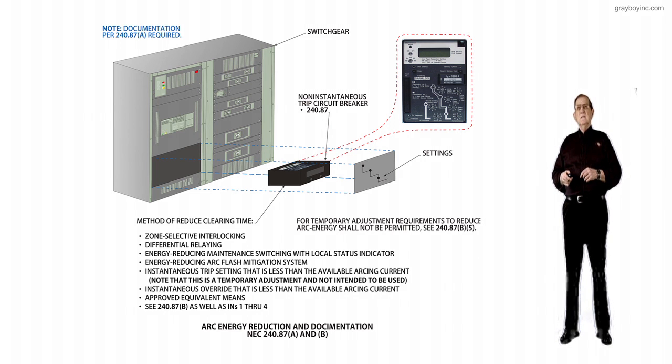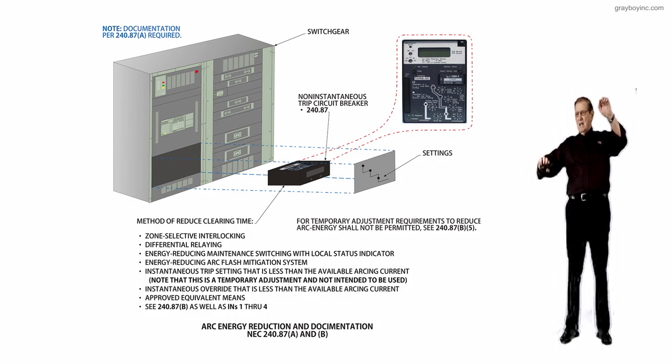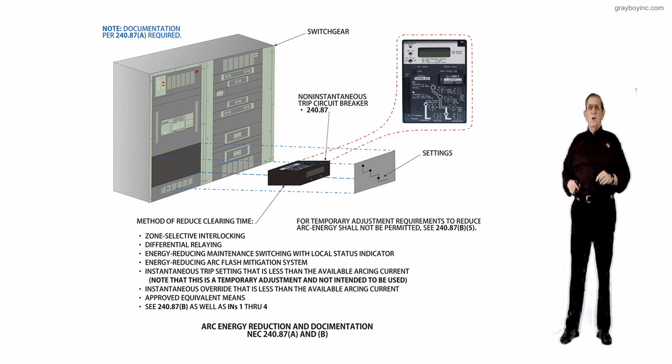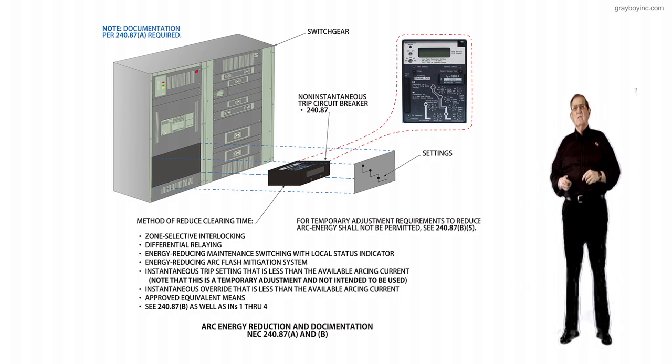Now, the method of reduced clearing time, we can have zone selective interlocking, and that's where we set a downstream breaker that this breaker will open up if you pull too much current or you have a ground fault or short circuit, is basically the general rule.